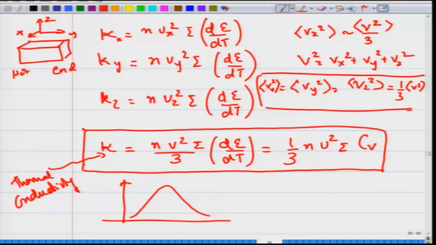The probability distribution of the electrons: if dn is the number of electrons between v and v plus dv, and if v is the speed of the electrons, then they have a Maxwellian type distribution, where the distribution is proportional to e raised to minus mv square divided by kBT, roughly. This is the form of the distribution.